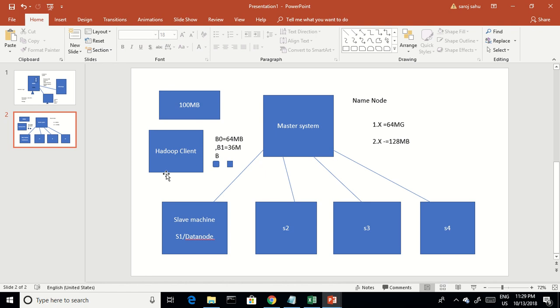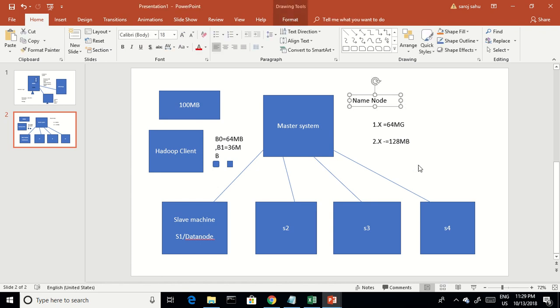The first point of contact is the master node, which we can call the name node. Why can we say it is a name node? Because in this system, the name node is a daemon which makes the system a master machine. A daemon is a background running process.